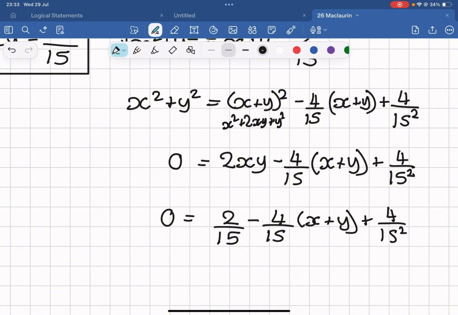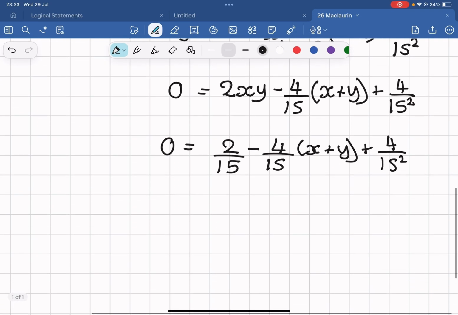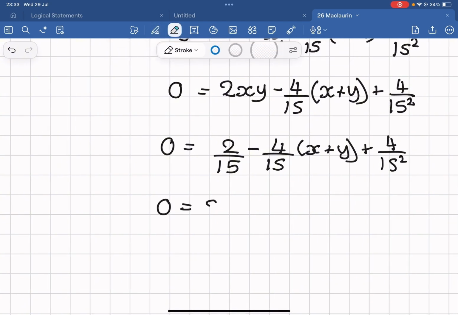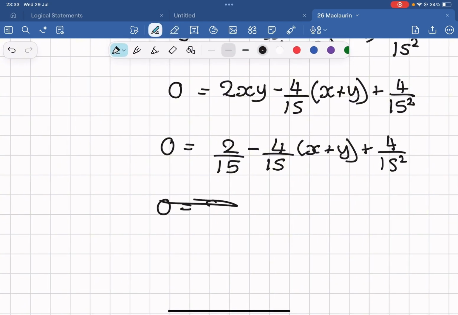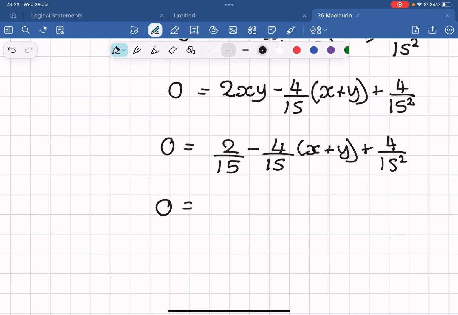Now notice how each of our terms have a 15 on the bottom, so we can just times through by 15. Actually, let's times through by 15 squared, so we have no fractions left. So we'll have 0 equals 30 minus 60 times x plus y, plus 4.